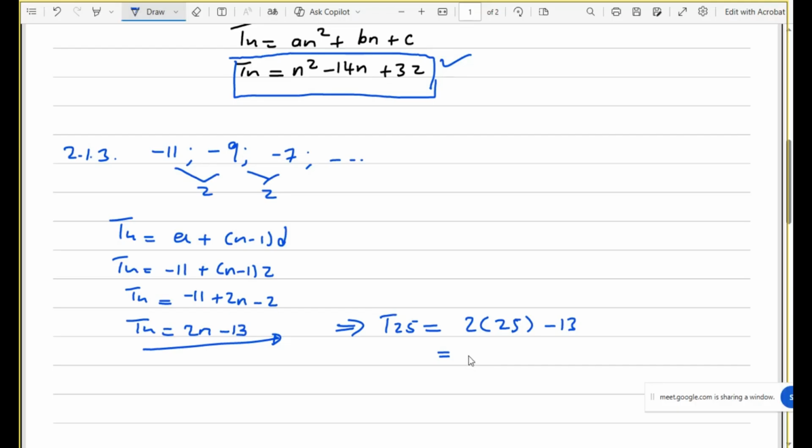We get 307. 307. Yes. Okay, so that's T25, né?